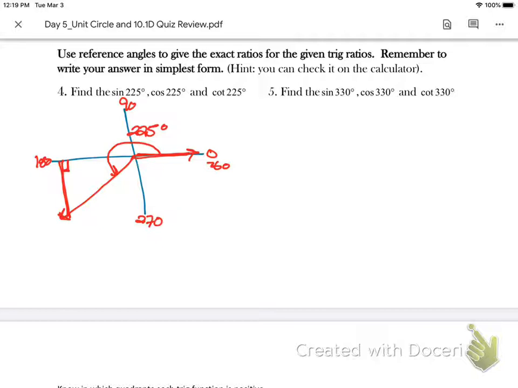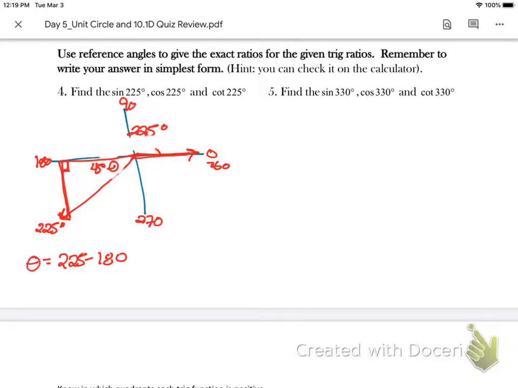Okay, so if I came around, now this is 225. What is the distance from 225 to 180? Well, to get that, I'm just doing 225 minus 180, right? So that angle is 45, right?